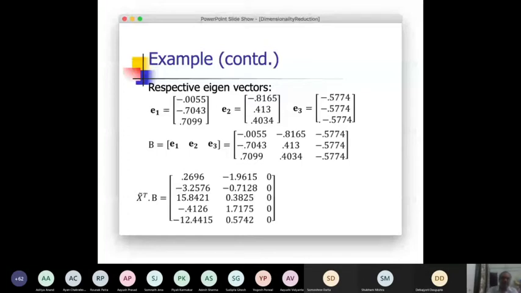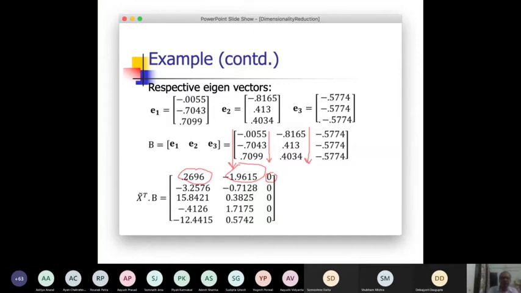So this component is the projection of the data point along this eigenvector. This component is the projection along this eigenvector, and this component is the projection along this eigenvector.